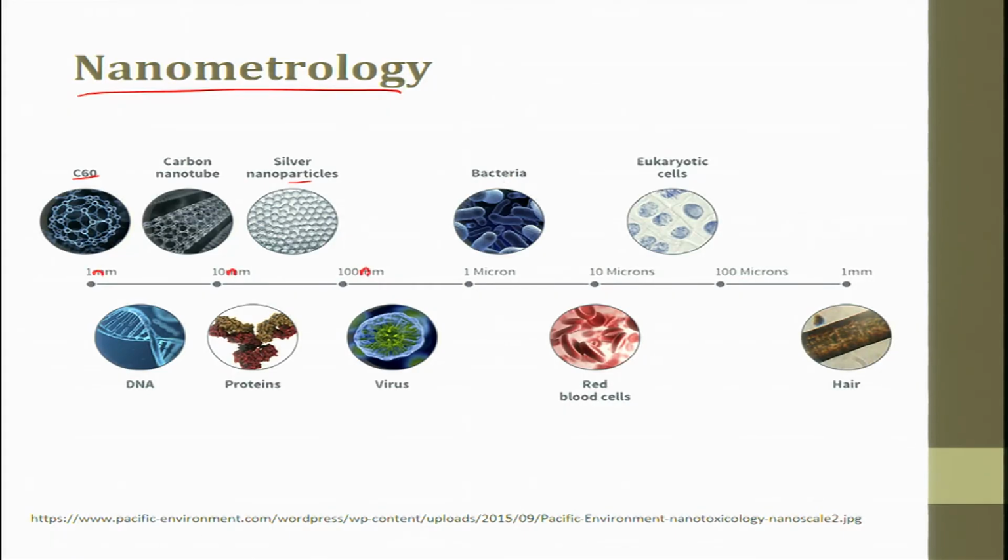These are all in micron: bacteria is 1 micron, red blood cells are 10 micron. Human hair is between 100 micron and 1 millimeter, so basically 100 micron for hair, and this keeps continuing further. This is just for your understanding of the different things which we use regularly and their dimensions.